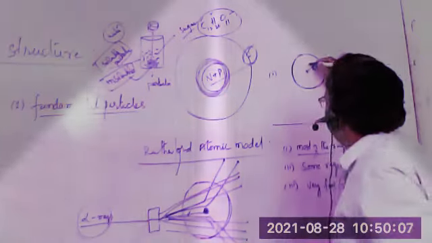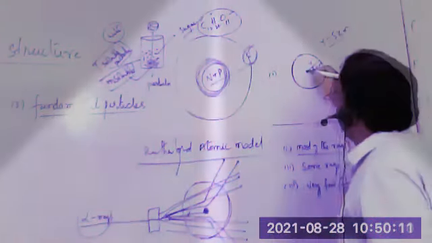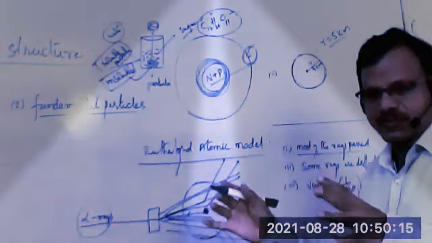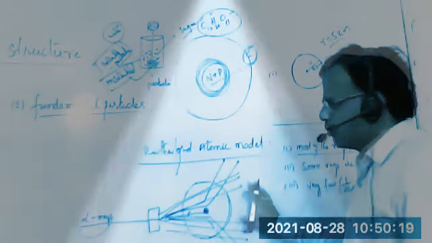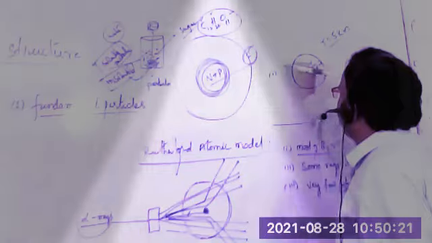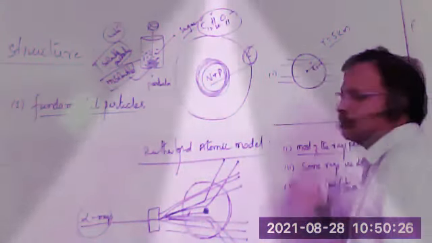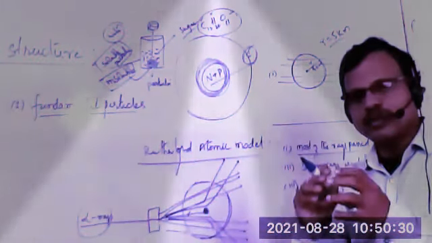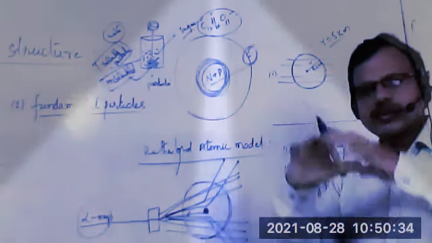With a radius of 5 kilometers, how much smaller is the ball in the stadium? Therefore, according to Rutherford, most of the atom is empty.